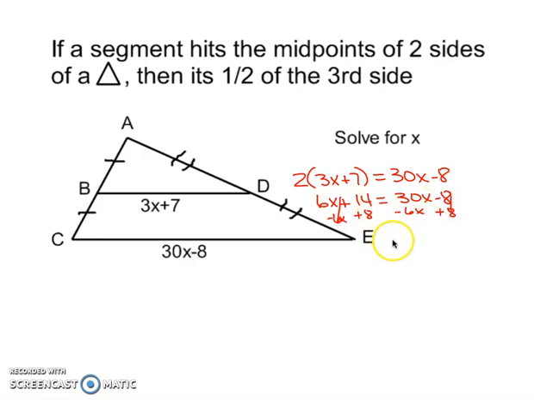And we'll be left with 22 equals 24x. Divide off your 24, and we would find that x equals 11 over 12, 11 twelfths, or in decimal form, that would be 0.92.